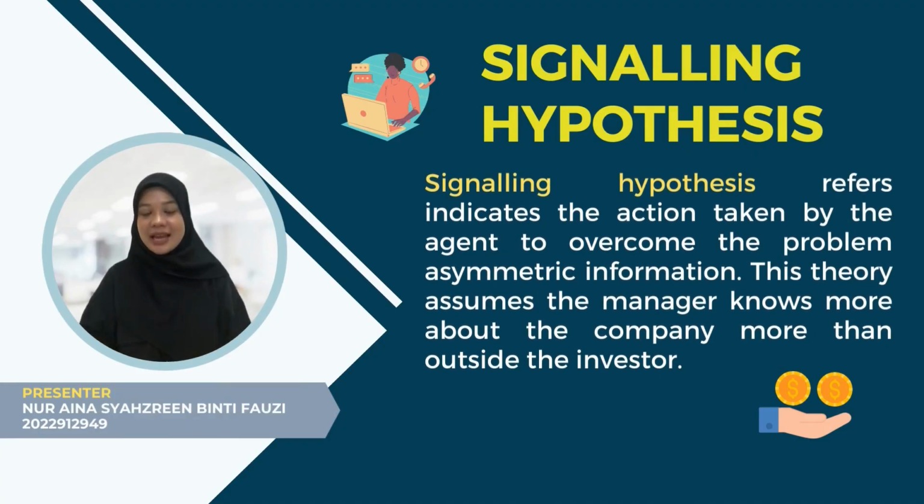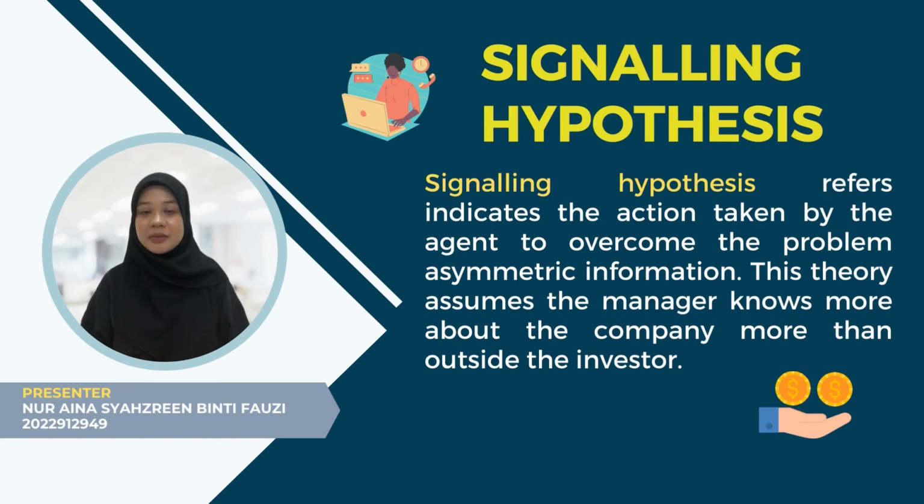Moving to the next one is the signaling hypothesis. The signaling hypothesis indicates the action taken by the agent to overcome the problem of asymmetric information. This theory assumes the manager knows more about the company than the outside investor. Dividend signaling is a concrete example under the signaling hypothesis.